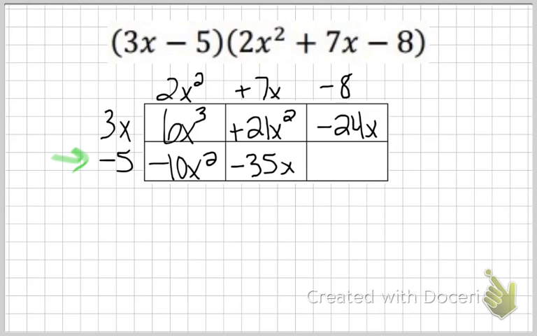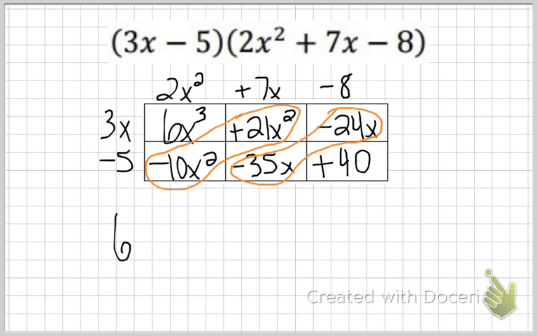Lastly, negative 5 times negative 8. Two negatives multiply to give you a positive. 8 times 5 is just 40. Again, if you pay attention to the way all of this turned out, we notice that our like terms are right here, diagonally. Right here, diagonally. So when we write our final answer, we start off with the highest exponent, the highest degree.